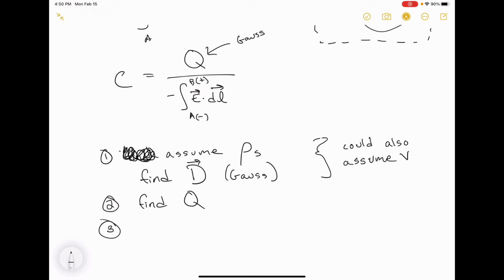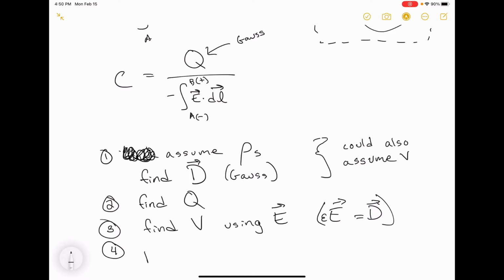The third thing is, once we've found the electric field or the electric flux density, we can find the voltage using the electric field, which we can get from the electric flux density if that's what we found. And then last, we just put everything into our definition for capacitance.